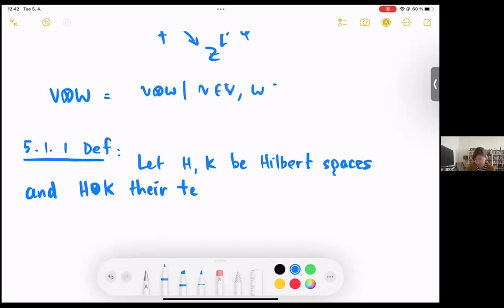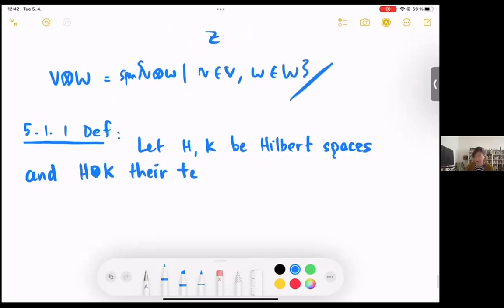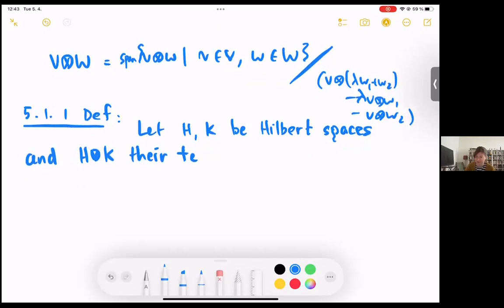So you take the linear span of such elements, and then you mod out by relations of the form v tensor (lambda w1 plus w2) minus lambda v tensor w1 minus v tensor w2, and then the same thing with the linearity in the first component.